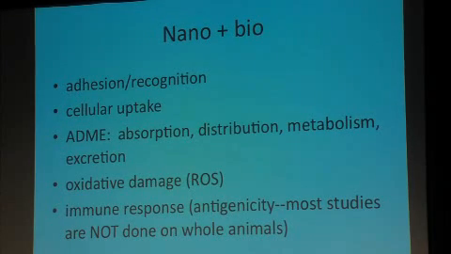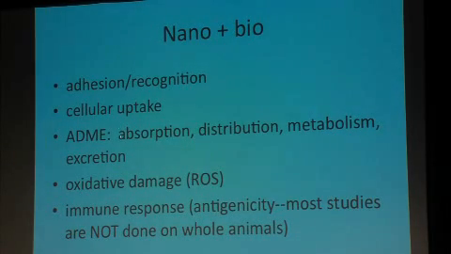Perhaps there's specific recognition, which you may actually be engineering into the nanomaterial in order to, for example, target a nanoparticle to a cancer cell. Then there's issues related to cellular uptake. So nanomaterials can be taken inside cells, or they can be rejected and left outside. And obviously, from a toxicological standpoint, they're much less harmful if they never get into the cell.